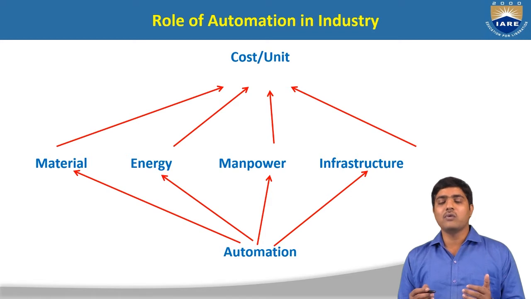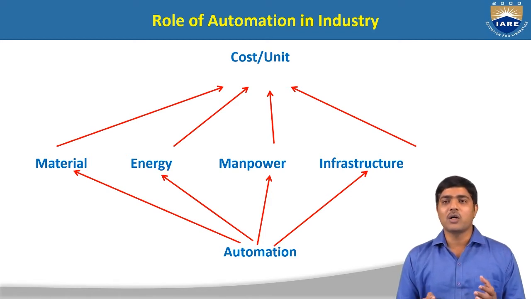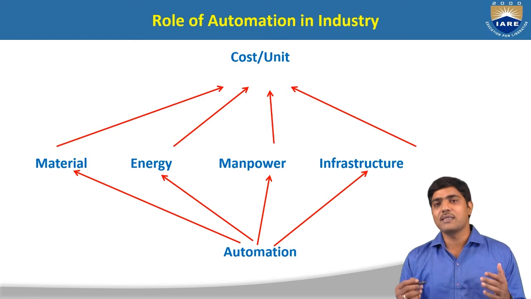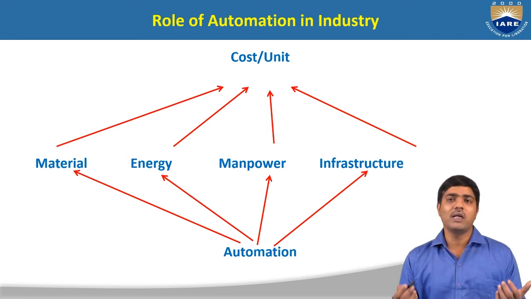Suppose you are handling the material through an automation process, compared to manual handling of material. If you handle it through the automated process, you can reduce a lot of scrap. Why? Because suppose you are going to engrave anything through CNC machines, those are going to engrave very properly, and it will give the final output whatever you want.